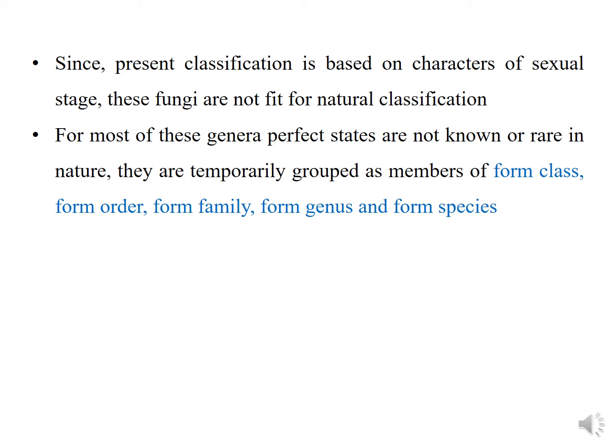For most of these genera, perfect states are not known or very rare in nature. They are temporarily grouped as members of form class, form order, form family, form genus and form species, not generally as class and order as referred to in other groups of fungi.